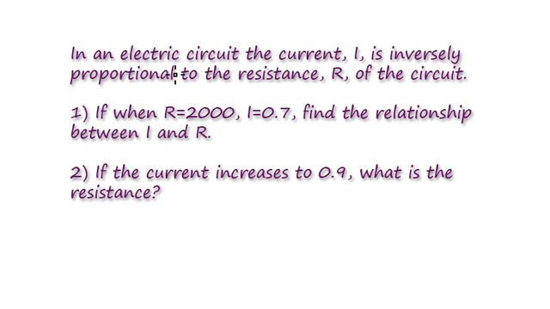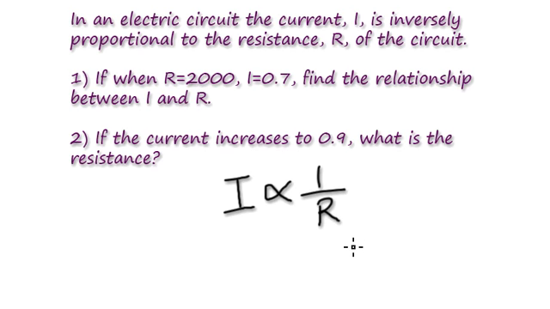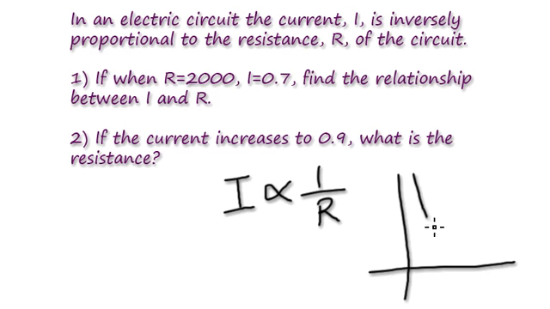So to do this, this bit here we can translate as I is inversely proportional to the resistance. When you have this kind of relationship, you can visualize the reciprocal graph in your mind.